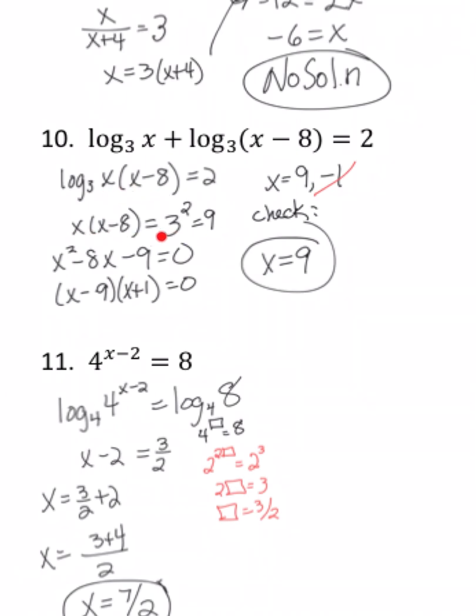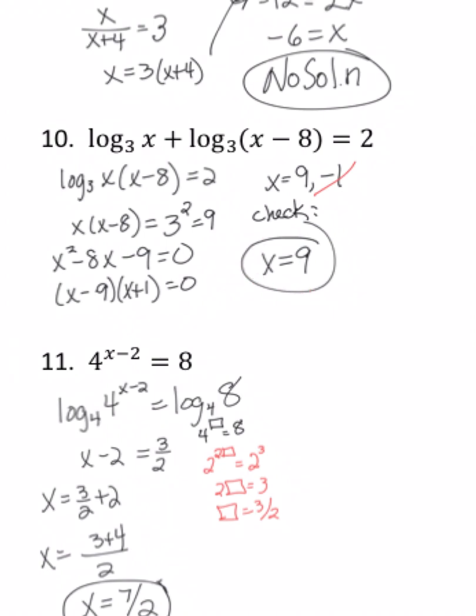So this is my new equation. I'm going to distribute this x, pull the 9 over, factor this guy. I get 2 answers. I'm going to take both of those answers and plug them in. Plugging in the 9 gives me the log of a positive and the log of a positive, so that one works. Plugging in the negative 1, I get no solution for that, so my answer is just x equals 9.